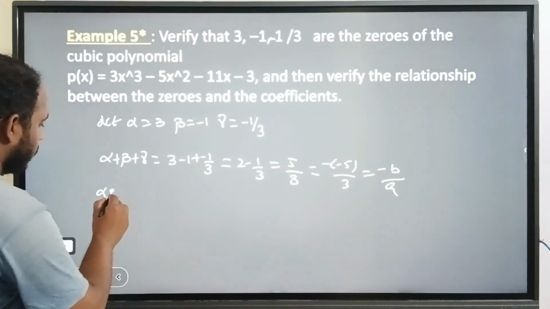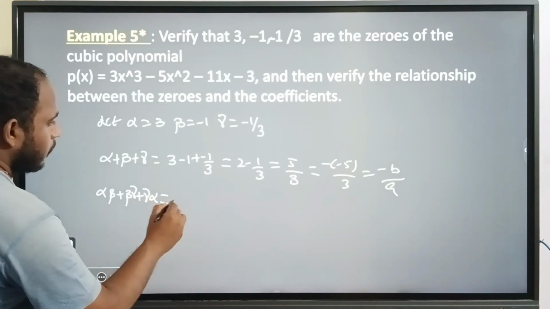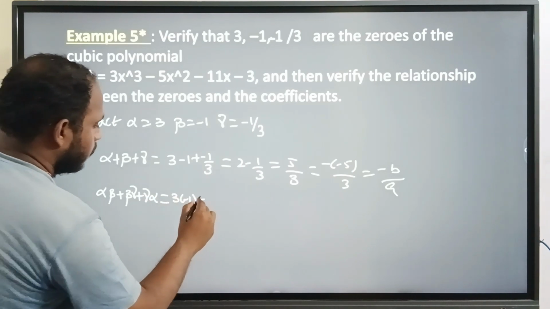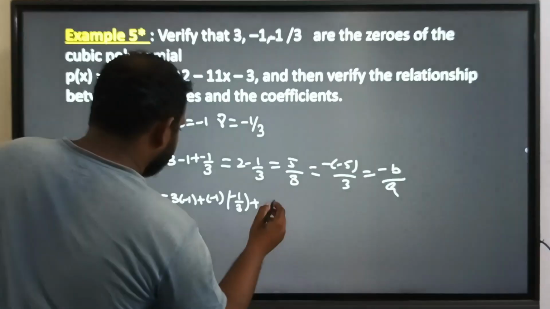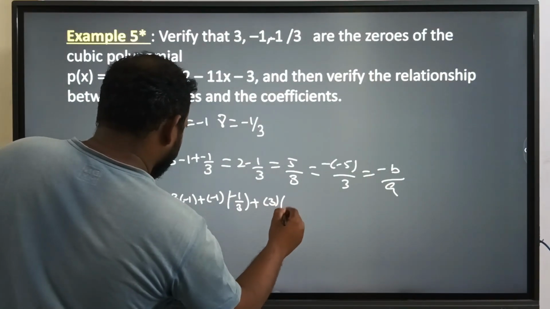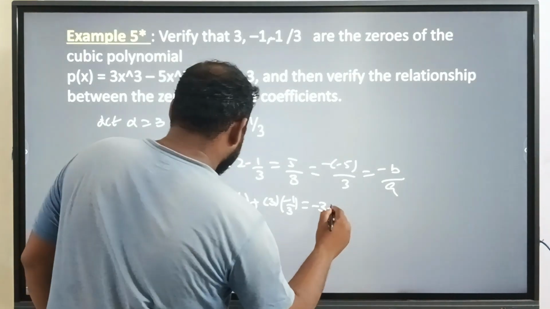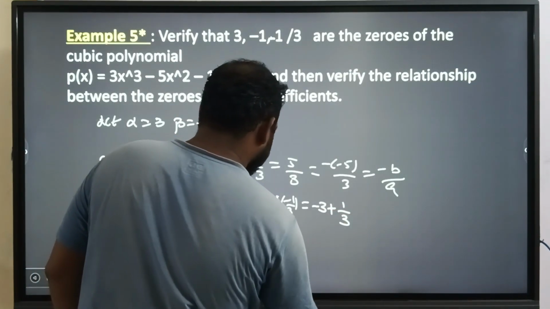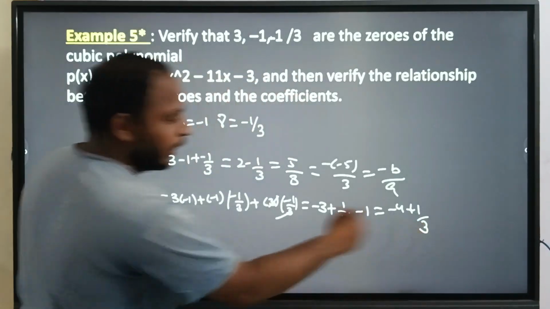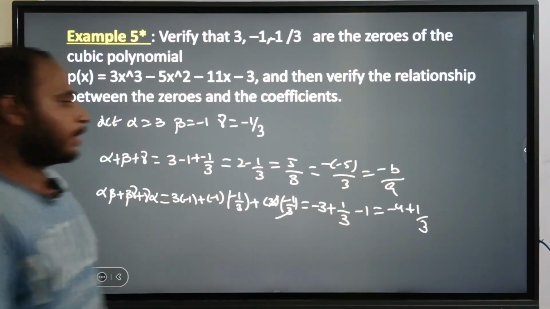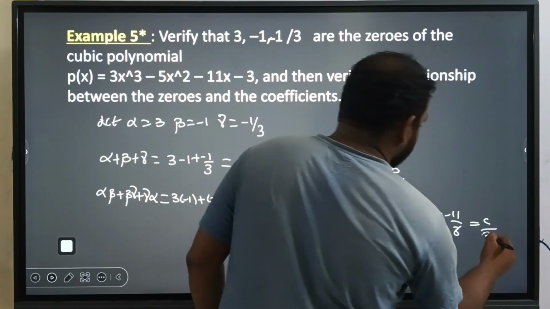Next, alpha beta plus beta gamma plus gamma alpha: 3 into minus 1 plus minus 1 into minus 1 by 3 plus 3 into minus 1 by 3, which equals minus 3 plus 1 by 3, 3 cancel, minus 1, minus 4 plus 1 by 3. 3 into minus 4 is minus 12, minus 12 plus 1 is minus 11 by 3, which is equal to c by a.